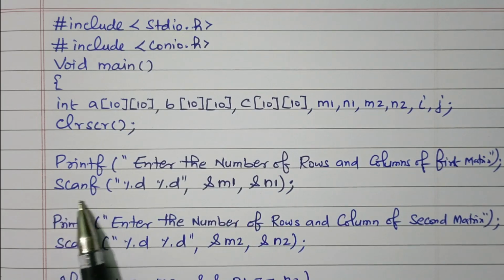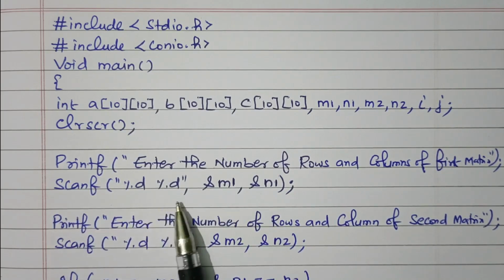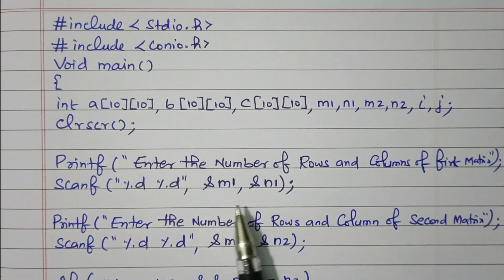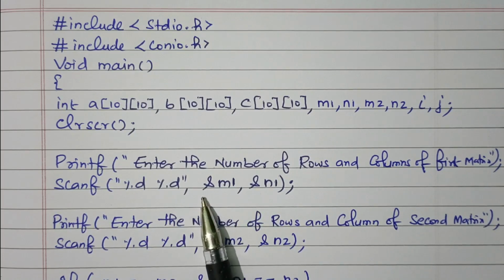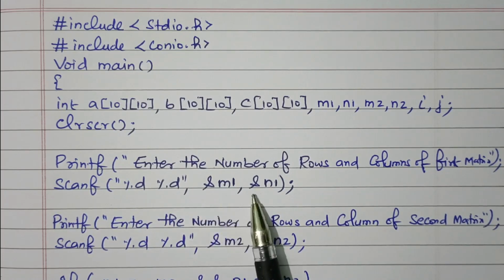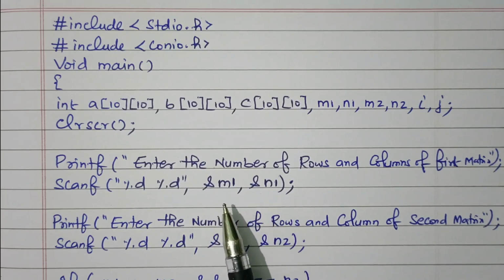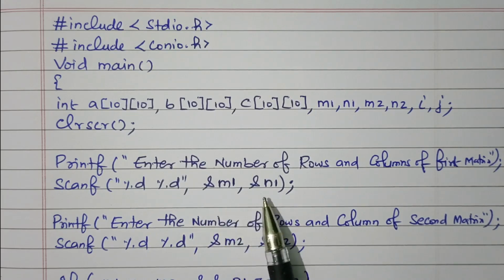That is scanned by scanf. Scanf %d and M1 and N1. This %d refers to integer type data, and &M1, &N1 refer to the addresses of M1 and N1. So the two data the user enters are stored in M1 and N1.